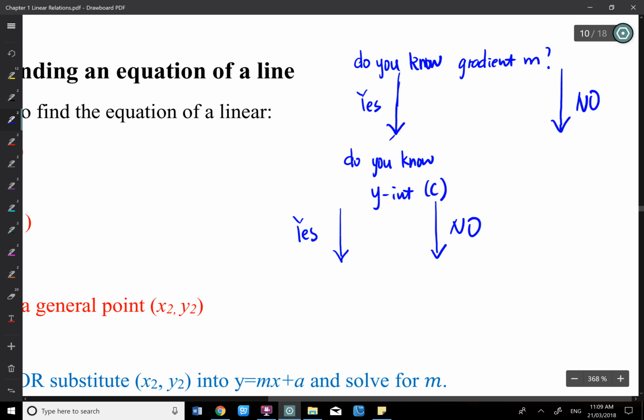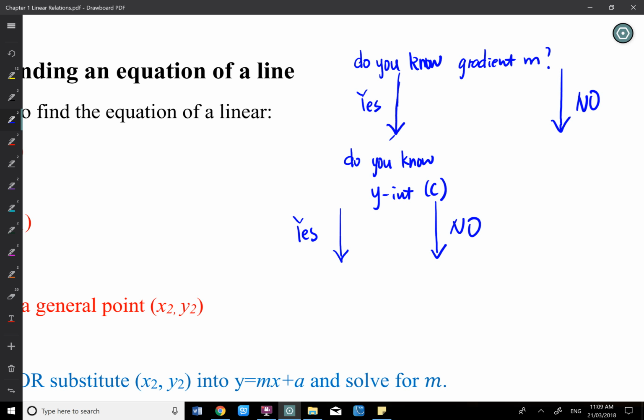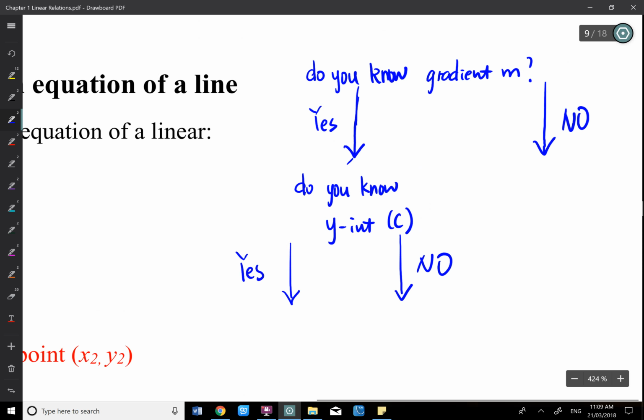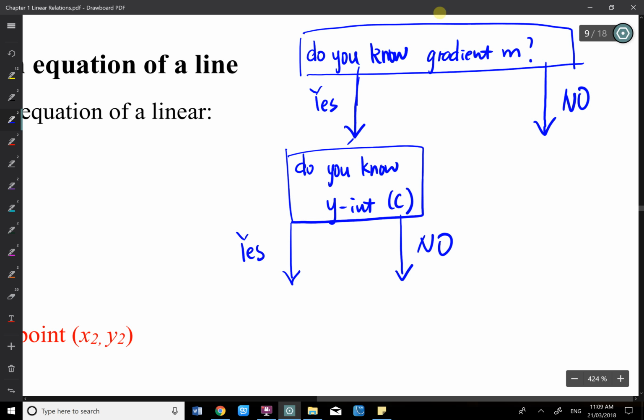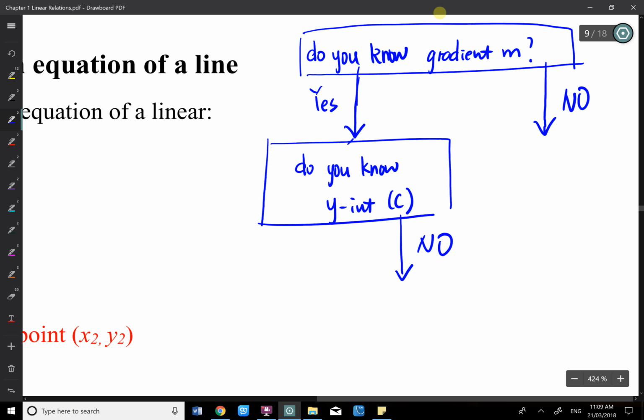If we don't know the gradient, what can we do? That's the question box. So basically, we just ask ourselves 2 questions.